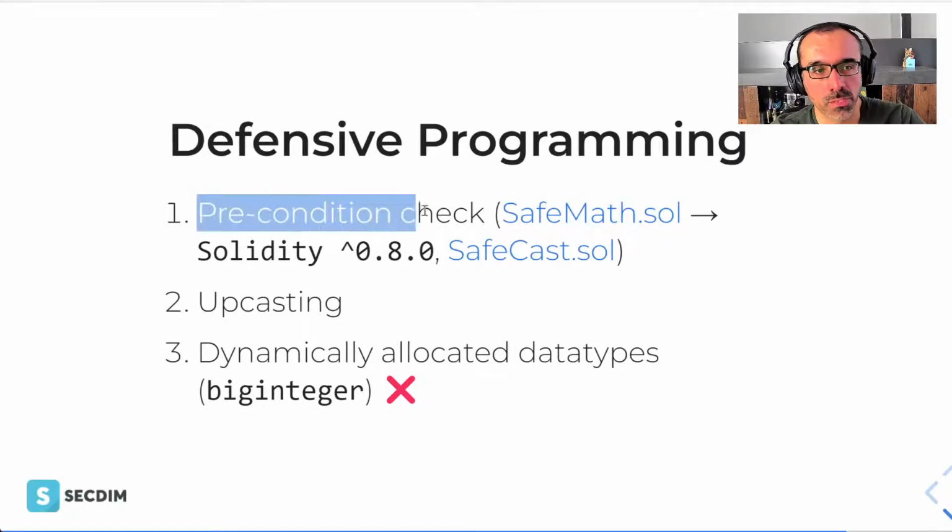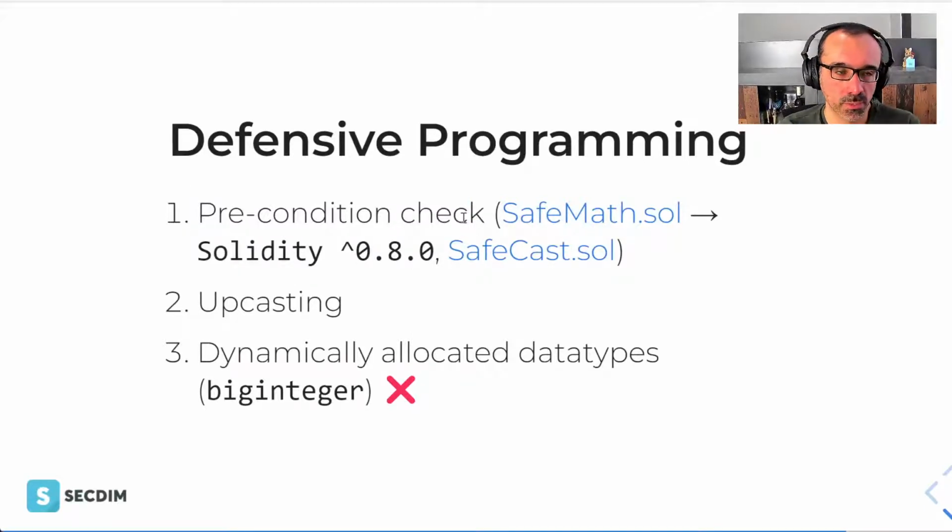One of them is known as precondition check. So before we do the arithmetic, we need to check if that value will go beyond the range of the type that we are dealing with. The other technique is known as upcasting. So we are using a bigger type to perform arithmetic on a smaller type.